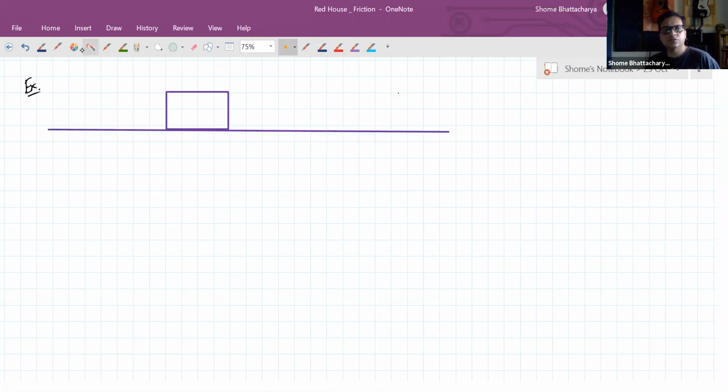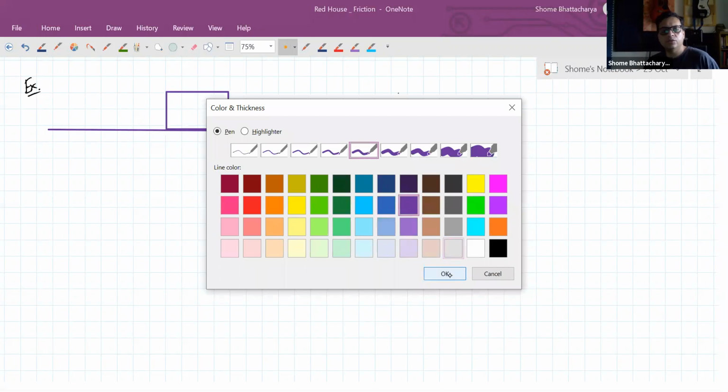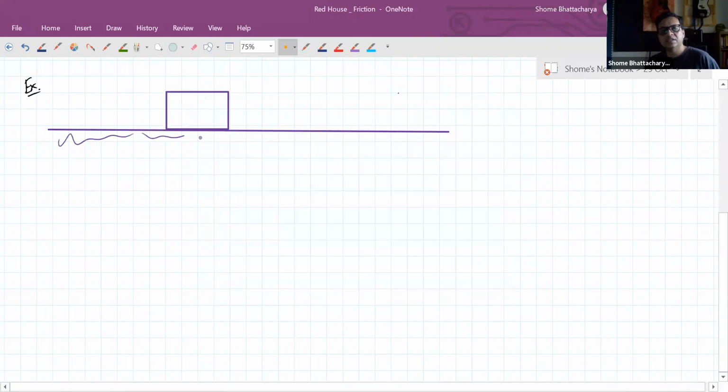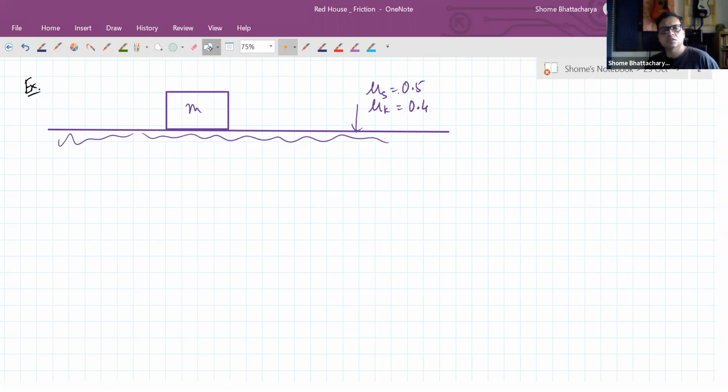This is a surface which has a given set of coefficients of friction. The coefficient of static friction is, let us say, 0.5, and the coefficient of kinetic friction is, let us say, 0.4, and this is a block of certain mass on which we are applying a certain amount of external force.